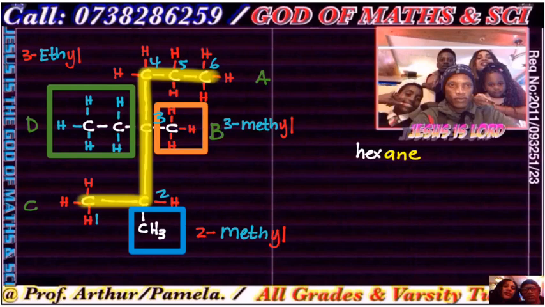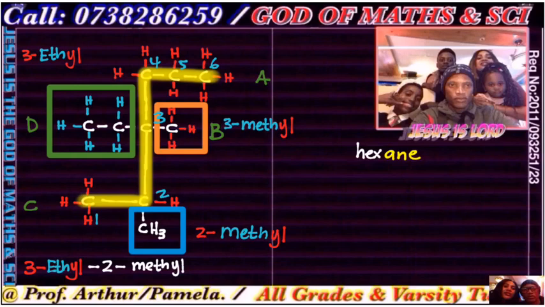So which means now I have to write 3 dash ethyl. Then comes the M. Can you see? There are 2 M's. Yeah. So I could have started with any M, but I'm just going to put any one. I'm going to start with the smaller number, 2, 3. Then, which means I'm going to go dash 2 dash methyl.